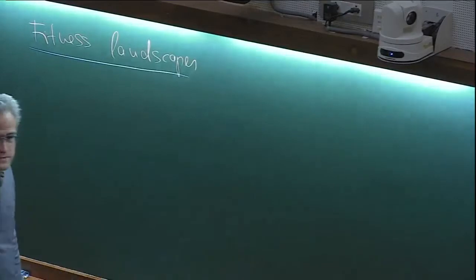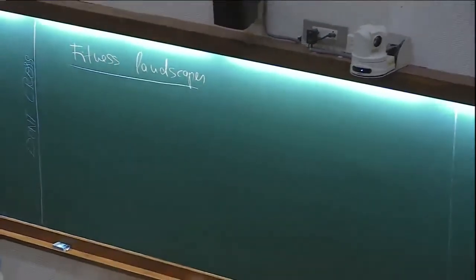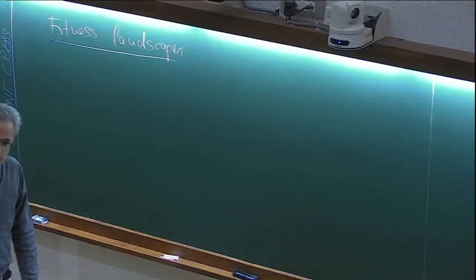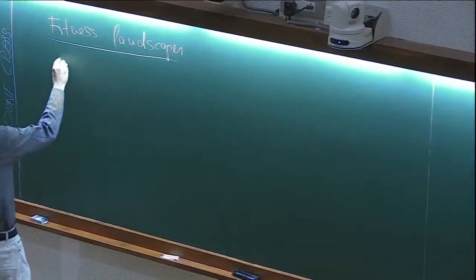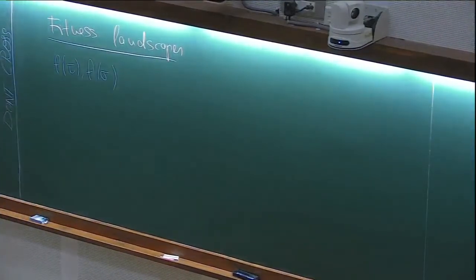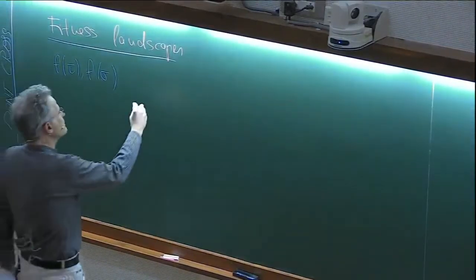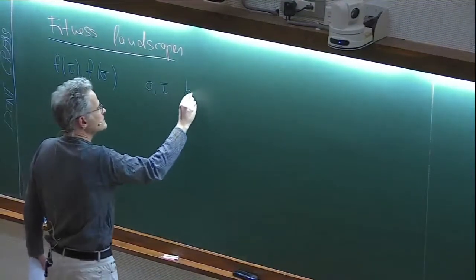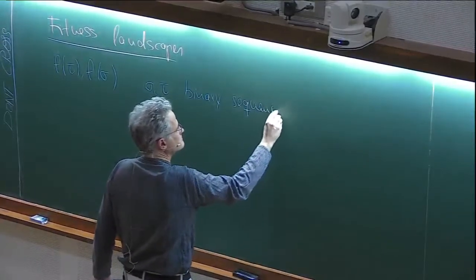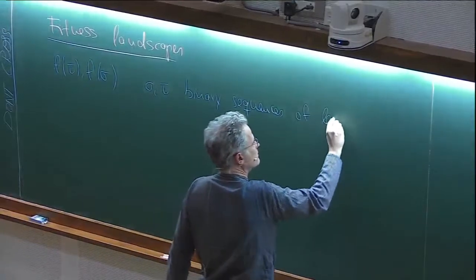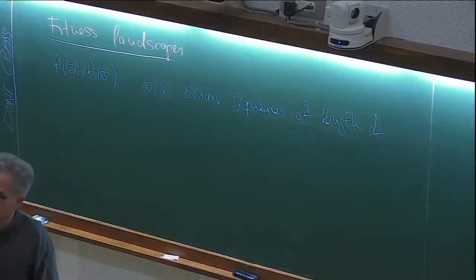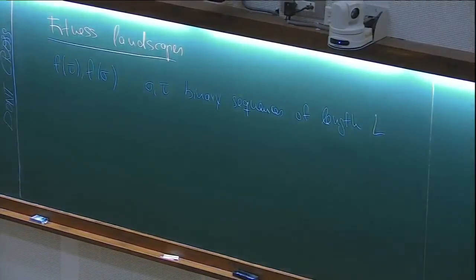So the way I've introduced these fitness landscapes is essentially as functions on a space of binary sequences. So we describe these genotypes by binary sequences. We had these functions, and I had these two versions, the sigmas and the taus, that I will get back to. So sigma and tau are binary sequences of length L. And they are binary because we only keep track of whether we have a wild type or a mutant at a certain locus.